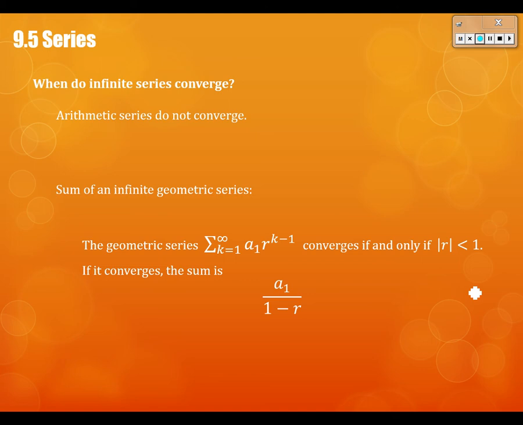So here's an infinite geometric series of the kind we were just looking at, in fact. A1 times r to the k minus 1. We should first say that sometimes it converges, and sometimes it does not converge. And that hinges on whether that r value, like in our example from the warm-up, is like 3/4, right? So therefore, it converges.